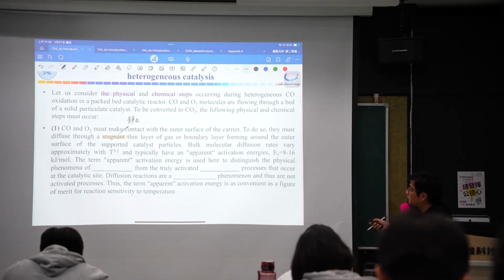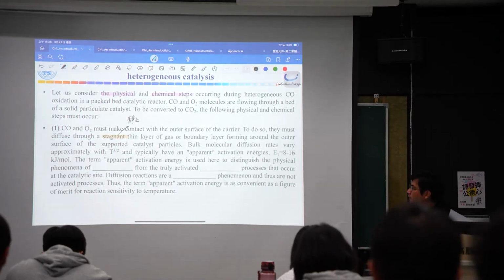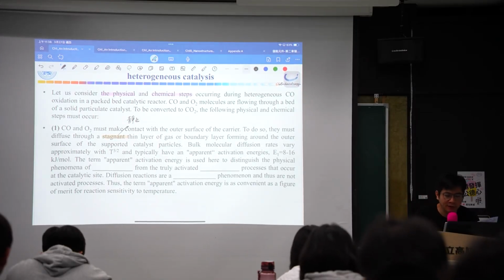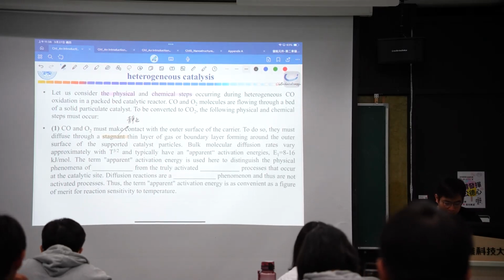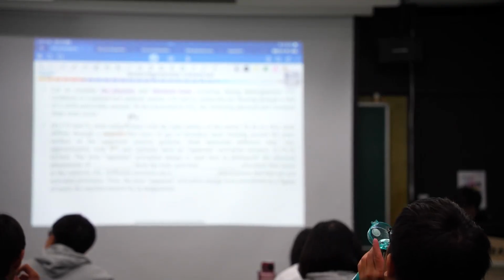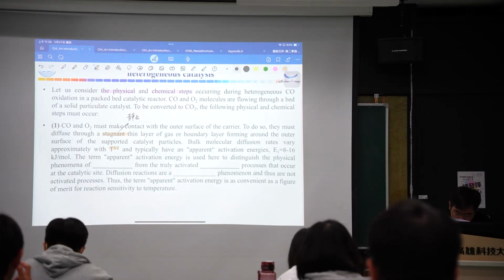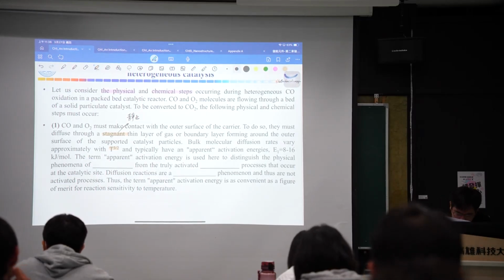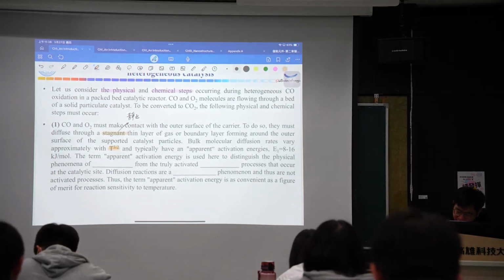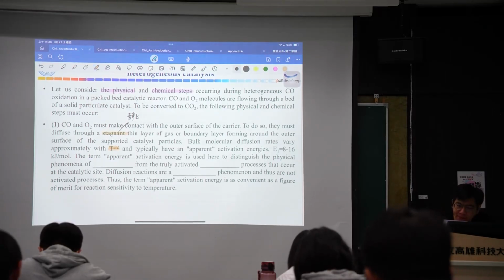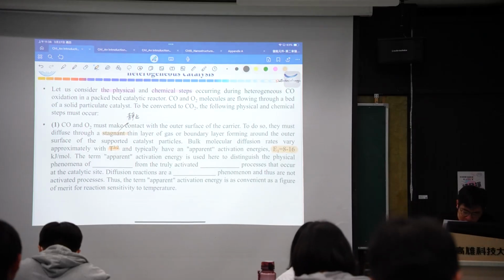The molecular diffusion rate varies approximately with temperature to the power of 2/3, and typically has an apparent activation energy around 1 to 15 kilojoules per mole.